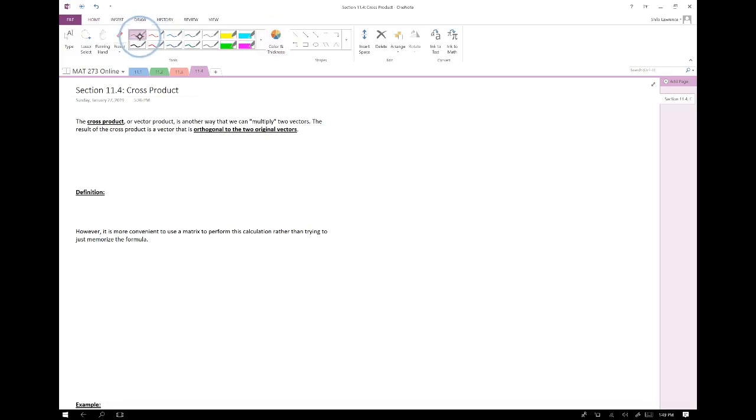So the definition is kind of complicated, but I'm going to try to show you a shortcut. So let's assume we've got 2 vectors, v, which has components v1, v2, v3, and vector w, which has components w1, w2, w3. V cross W is a giant formula.